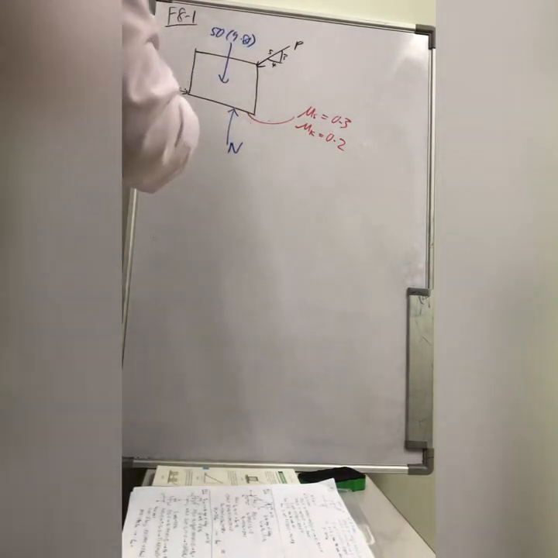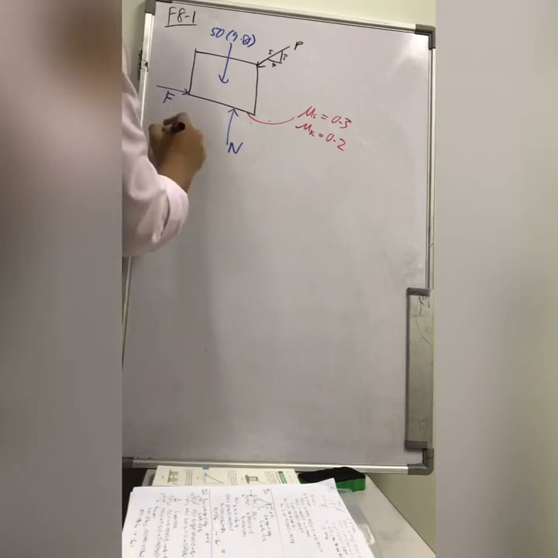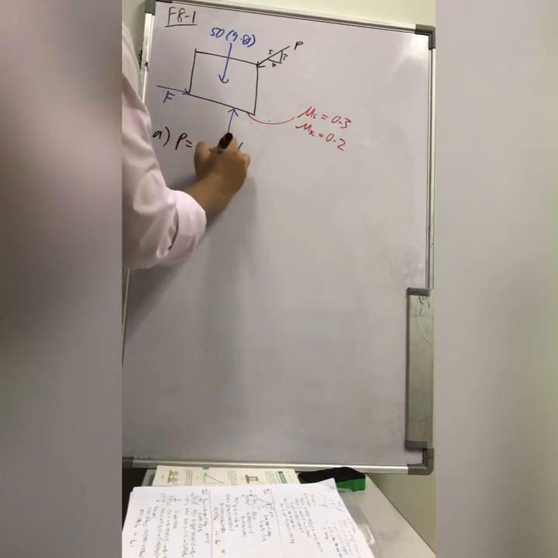So the first question: what is this F, the friction force, if P equals 200 Newton?